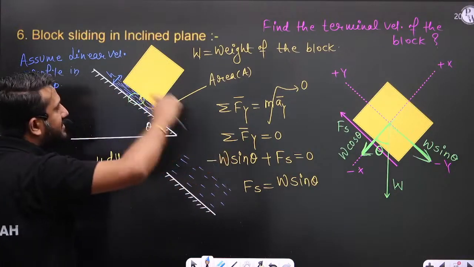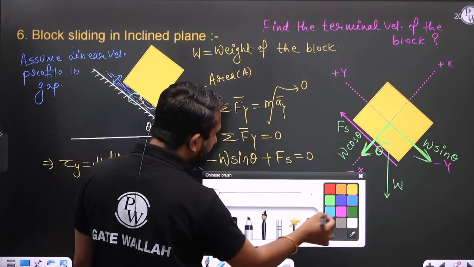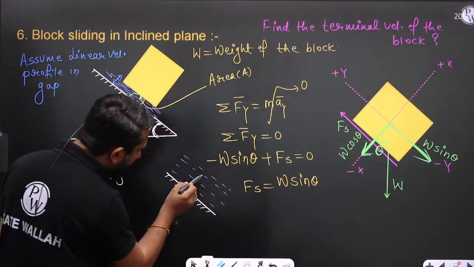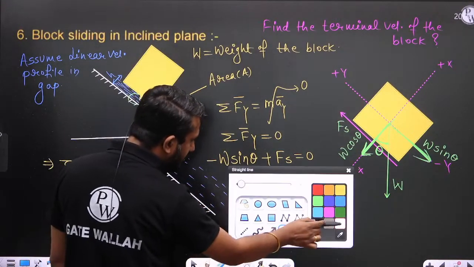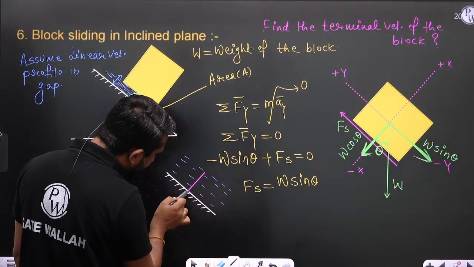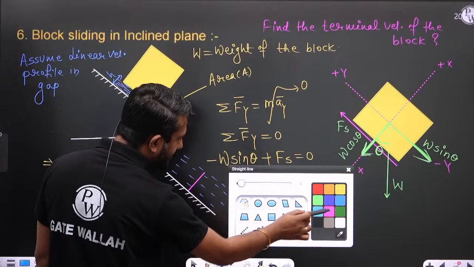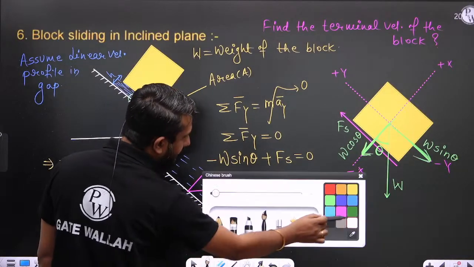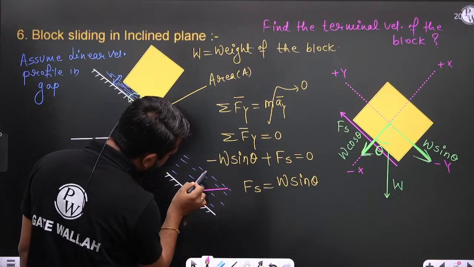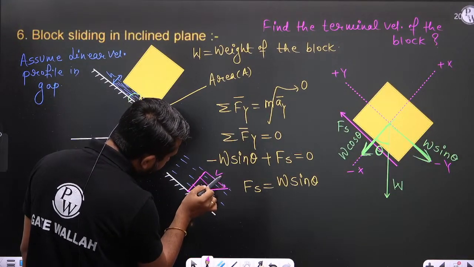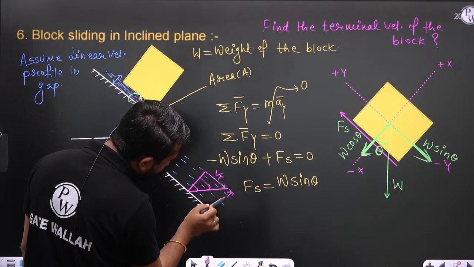The block is sliding with terminal velocity Vt. If you see the velocity variation in the gap H, this is the velocity variation. This is the Vt, and this gap is H.